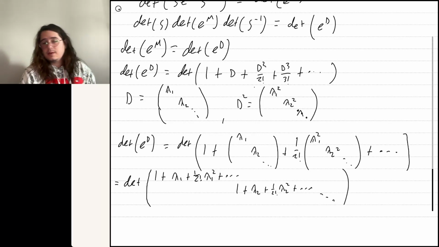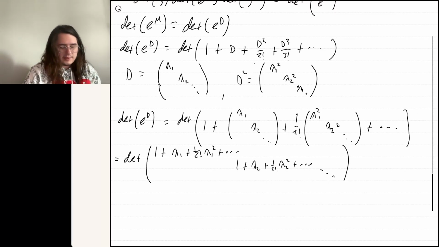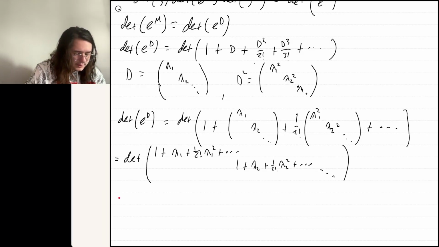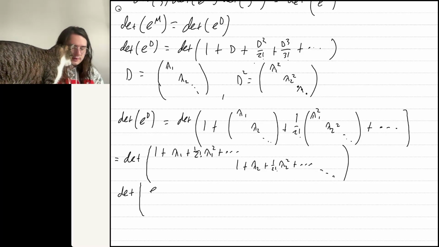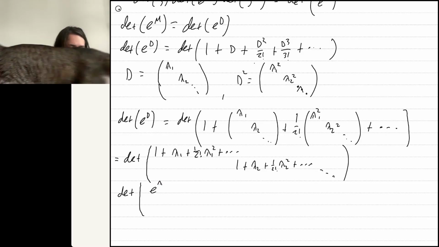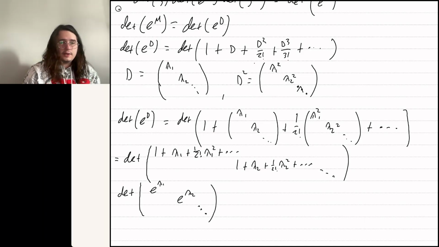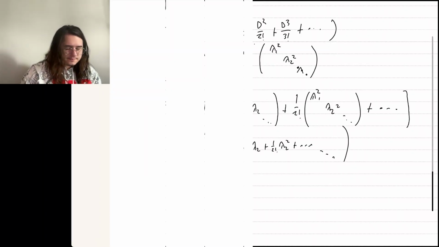And look at that. Each element of the matrix turns out to be a Taylor expansion of the eigenvalue that it represents. So it's the determinant of e to the lambda 1, e to the lambda 2 for the second element, and on into however many e to the eigenvalues you want.